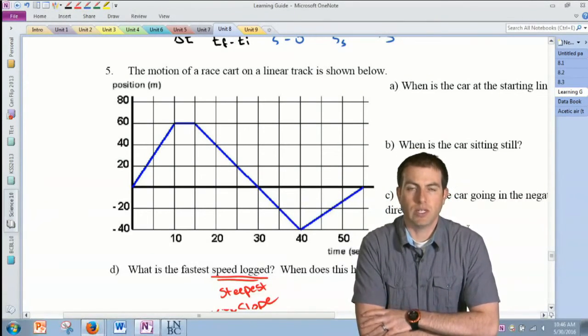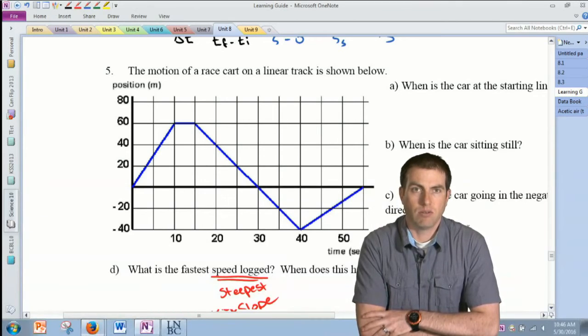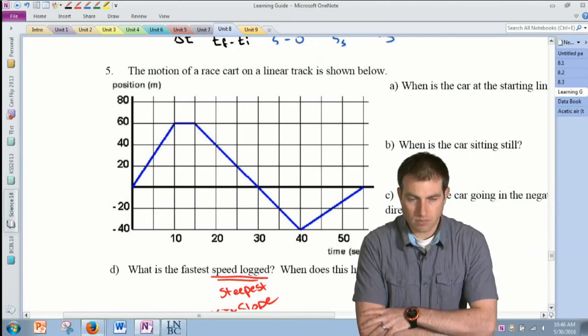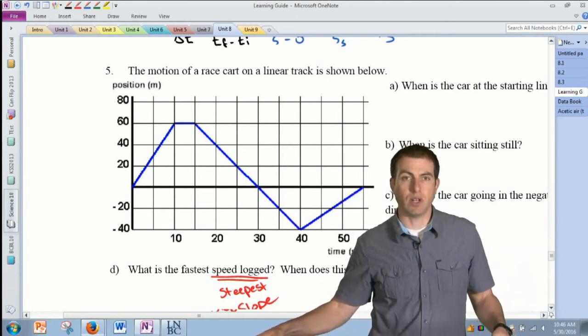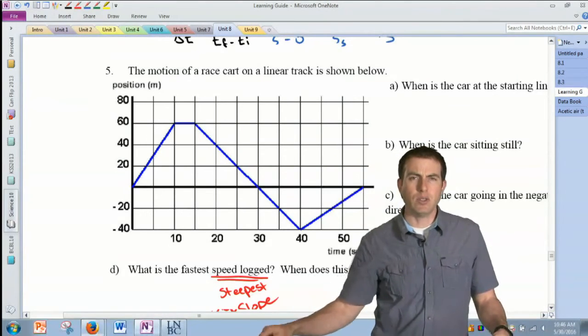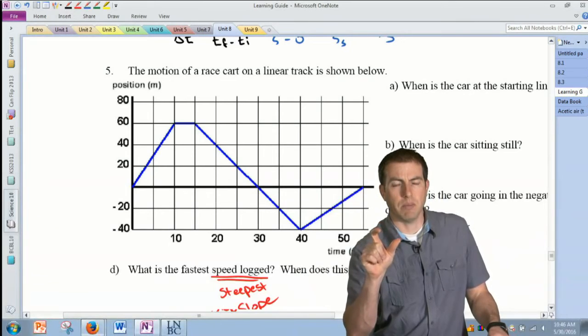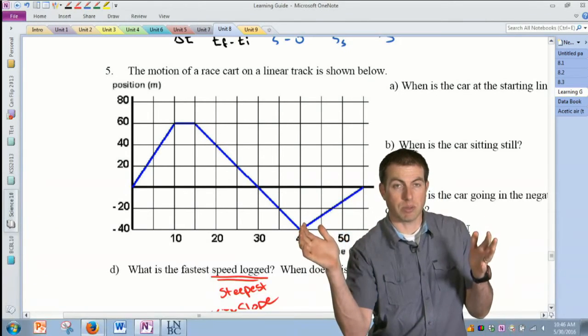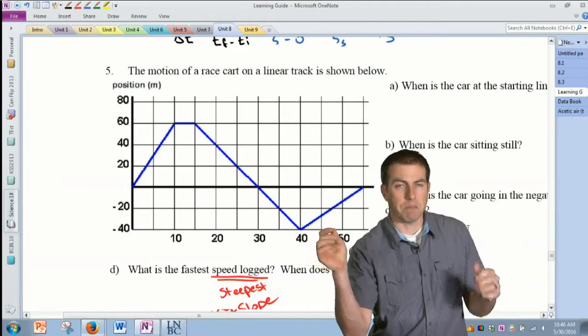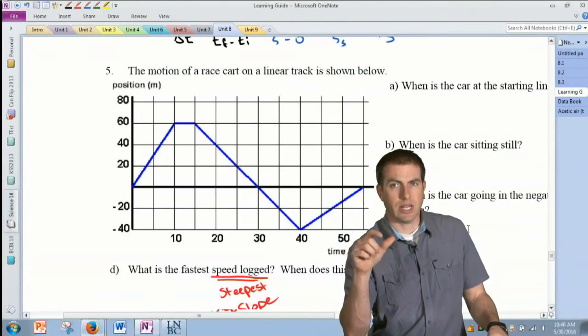So maybe you drove like 20 kilometers per hour for 10 minutes, and then the rest of the trip you traveled at 120 kilometers per hour. If I added those up and averaged them, I would get 140 divided by 2, so I get an average velocity of 70 kilometers per hour, but I only traveled that 20 kilometers per hour for a very short period of time, and then I traveled 120 kilometers per hour for a very long period of time. So you need to take into consideration how long you're traveling at each of the speeds.